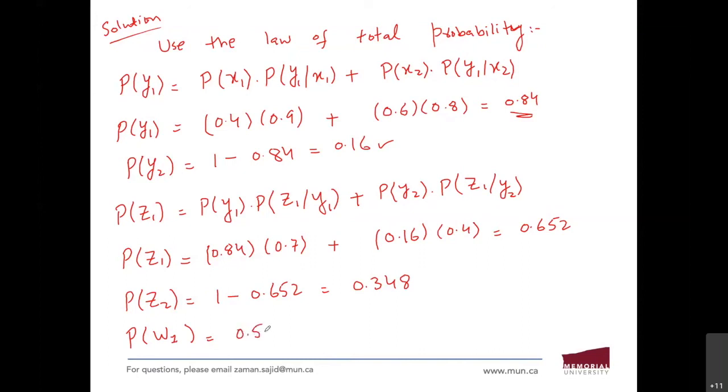I'm just writing down the answer here. And according to this, your value of probability of W2 will be equal to 1 minus 0.5348. I don't have the answer calculated, but you can calculate it.